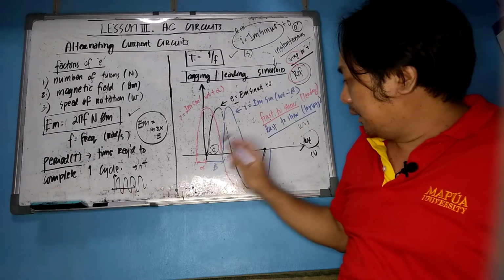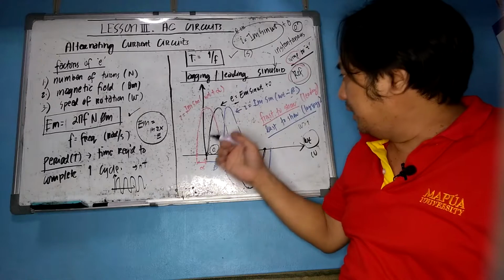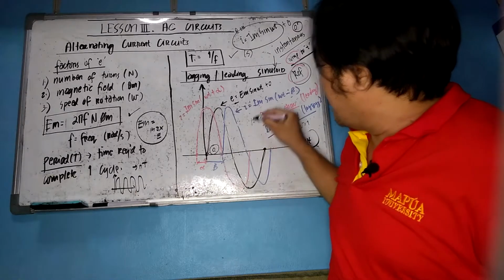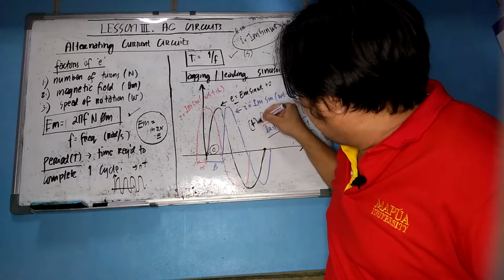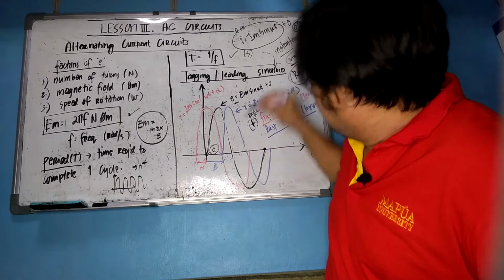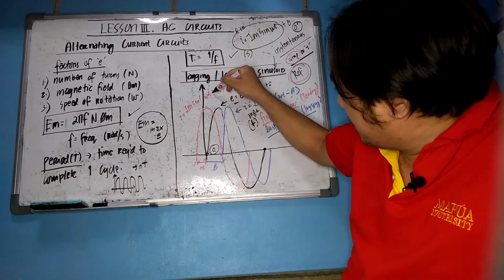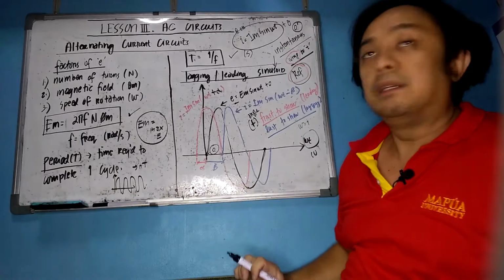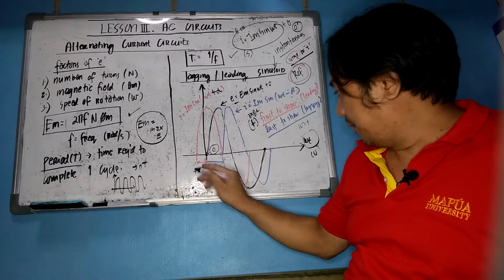However, for this one, you will determine if lagging or leading, it depends if first to show or last to show. If this is first to show, the angle is positive. So this is positive alpha.